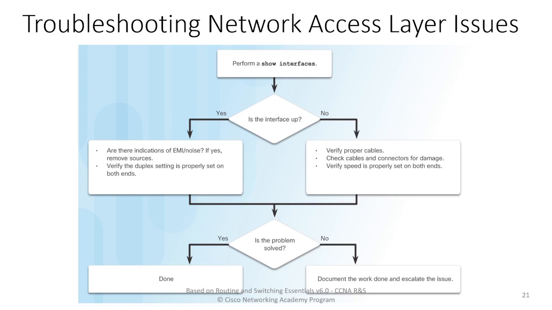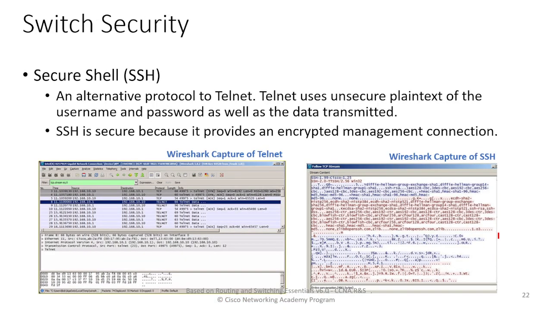In addition to this, sometimes we may also encounter mismatching speed configuration, mismatching duplex settings, and things like that. Again, all of these things we will be able to check, verify and troubleshoot using some basic commands like show interfaces, and we can identify if things are as we expect them to be.